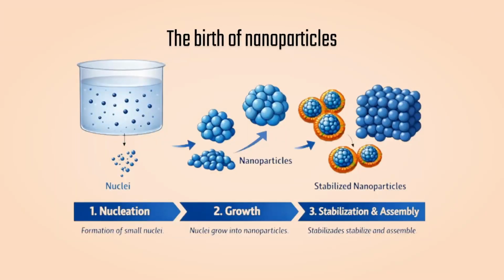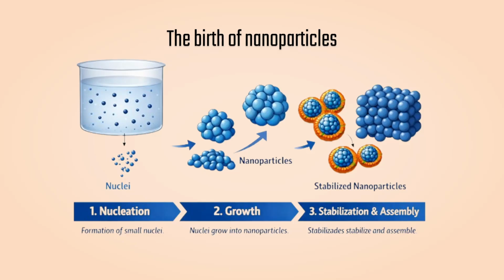Now, let us understand how nanomaterials are actually formed in the bottom up approach. The birth of nanomaterials takes place through three important stages: nucleation, growth, and stabilization or assembly. During nucleation, small clusters or seeds are formed due to energy input.